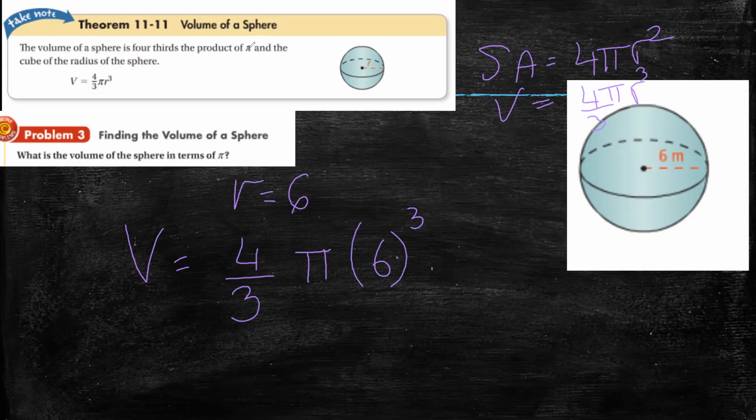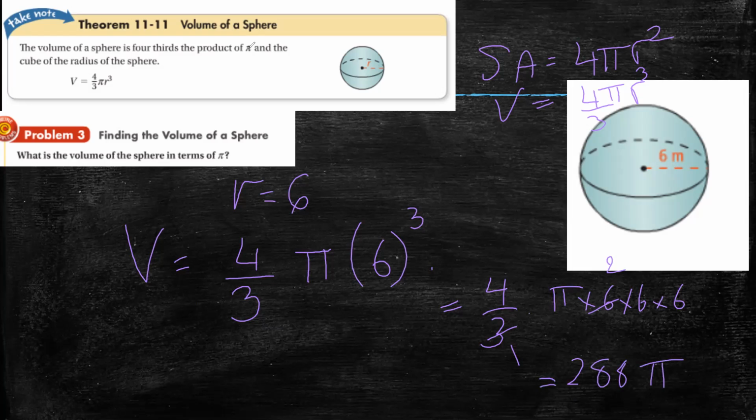So it is 4 over 3 pi times 6 cubed. 36 times 6 is 216, times 4 over 3 gives 288 pi cubic meters.